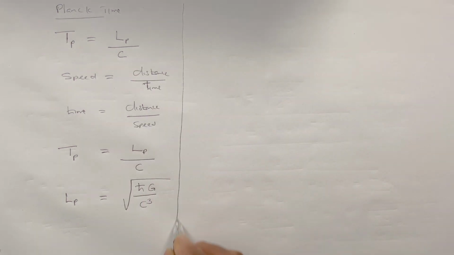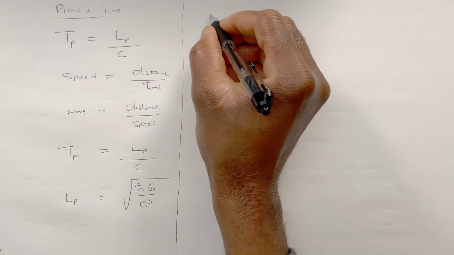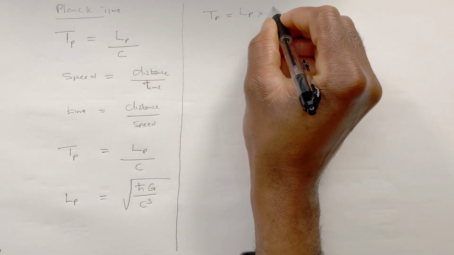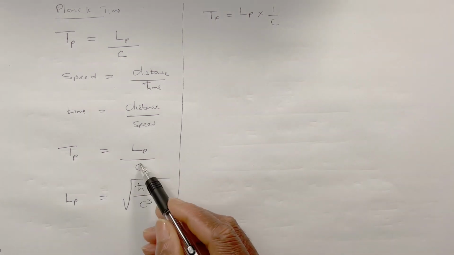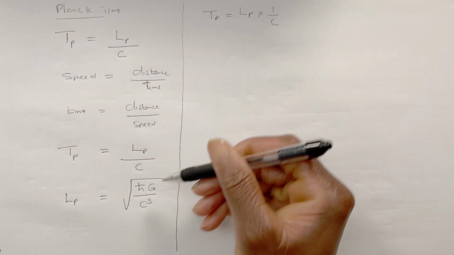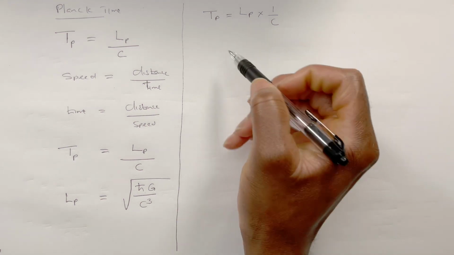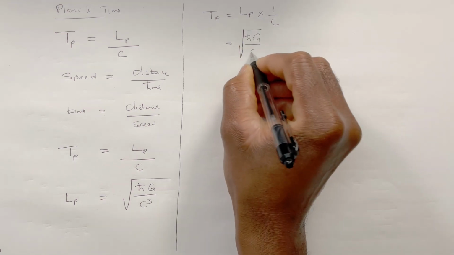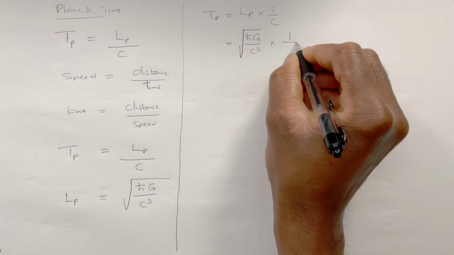And so what we're going to do now is put it there. So Planck time will be L_P times 1 over c. I'll just split that up in a way I can then insert this one over there. So that will be root h bar big G over c cubed times 1 over c.